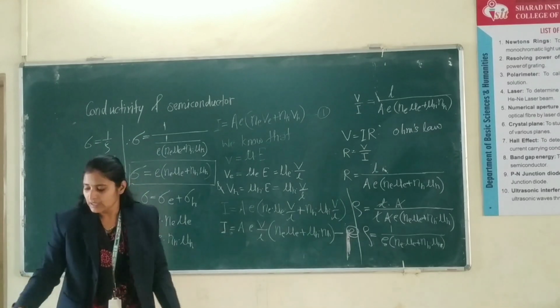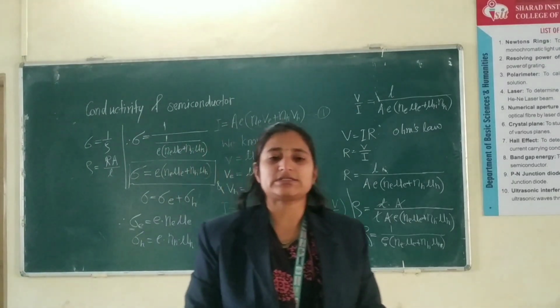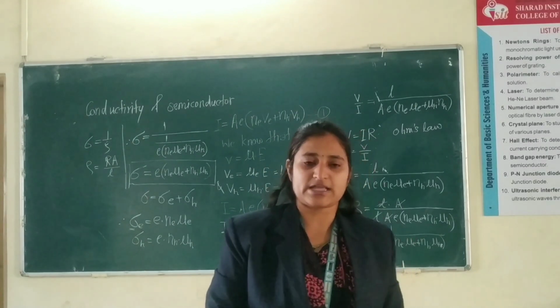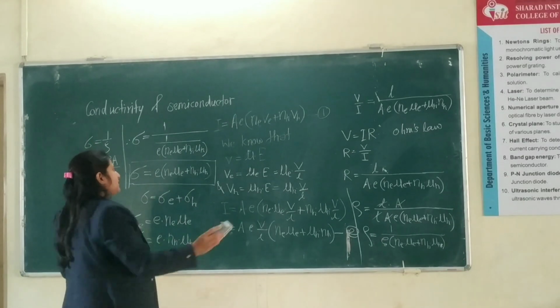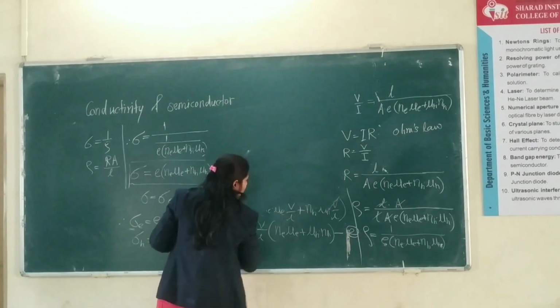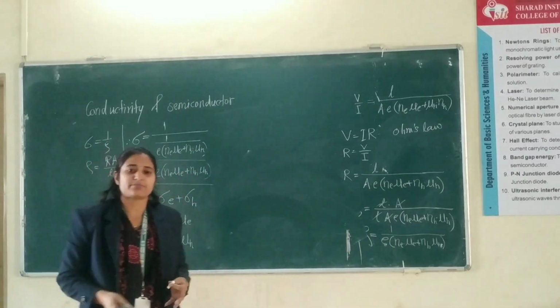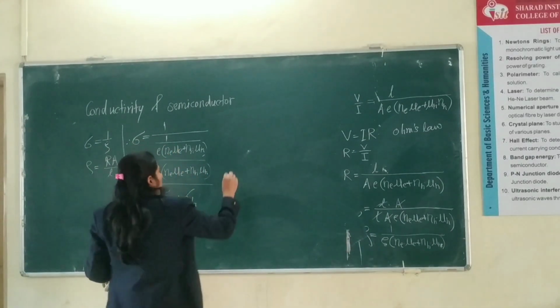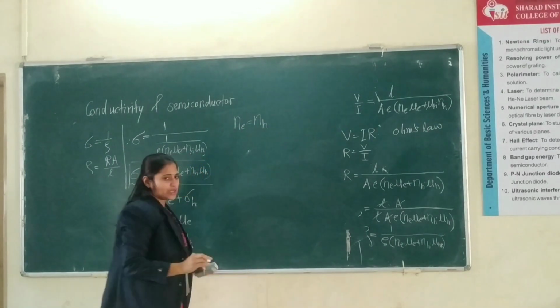So again we know that semiconductor is divided into two parts. So first is the intrinsic semiconductor and second one is the extrinsic semiconductor. Okay. So for intrinsic semiconductor, we know that intrinsic semiconductor is a pure semiconductor. That means number of electrons is equal to number of holes. Okay.